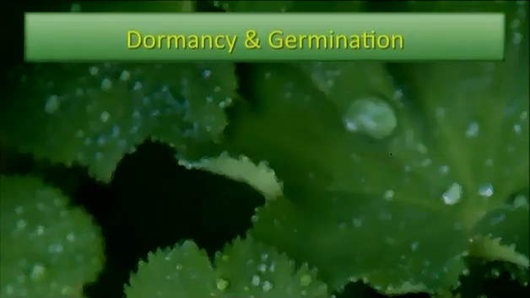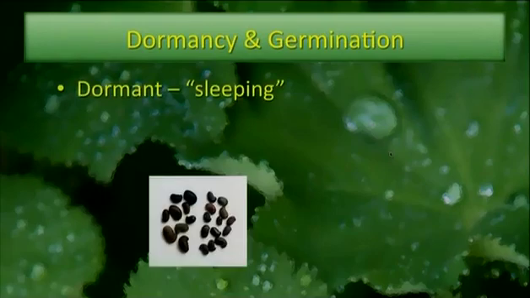Now, dormancy and germination. Dormant means sleeping. Some people find it hard to believe that seeds are really alive, but they are alive when they're viable. What they're doing is respiration at a very slow rate, barely detectable, but it's breaking down compounds, converting them into molecules that it can use to keep itself alive.